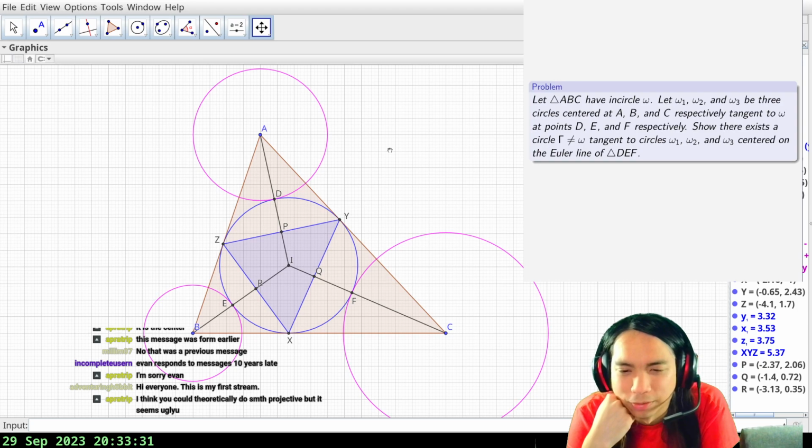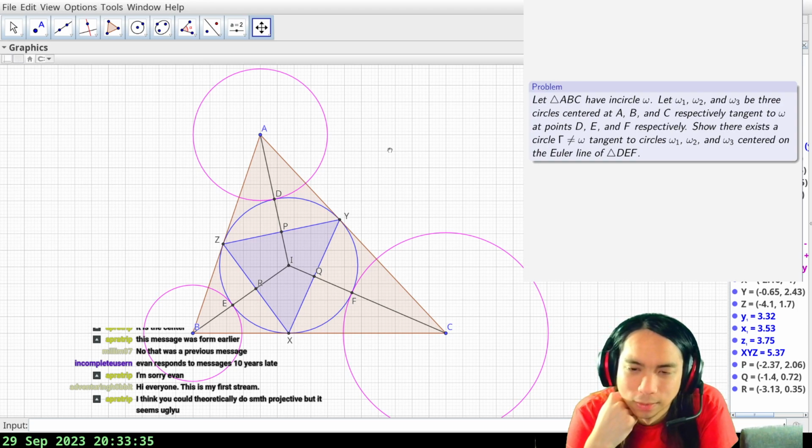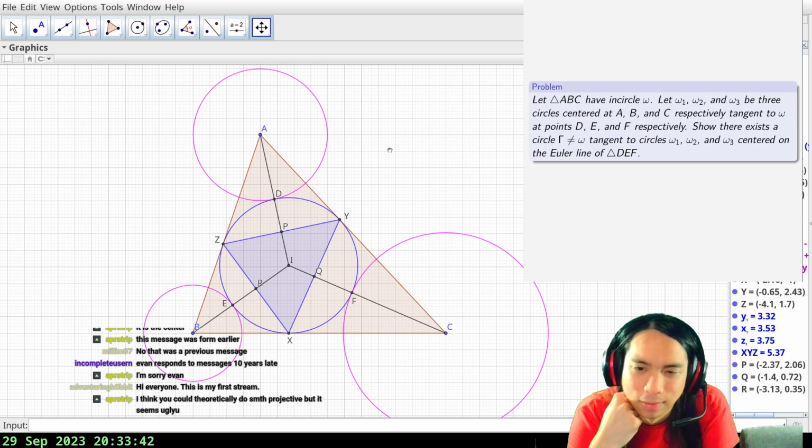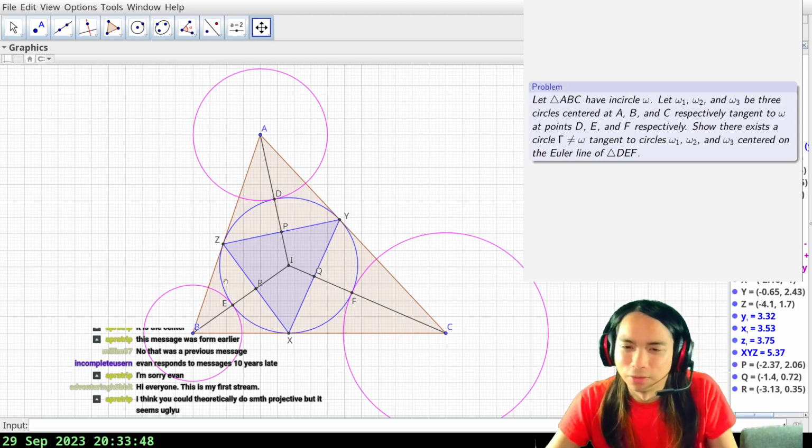I mean, I guess DEF could plausibly be an okay reference triangle too. Actually, DEF might be a better reference triangle anyway.